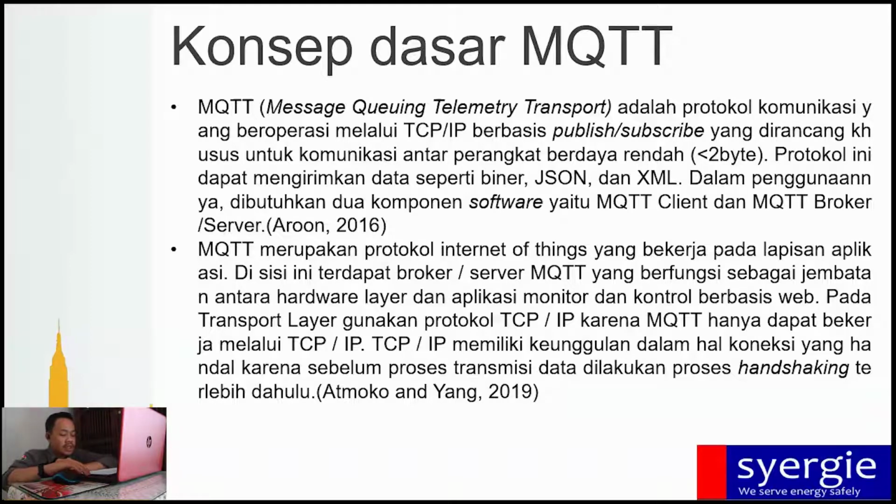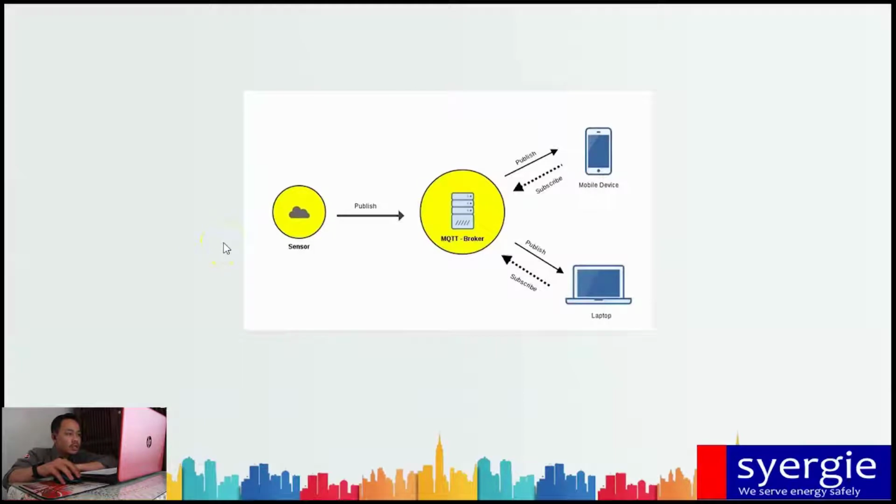For simplicity's sake, by using this MQTT protocol, we can control two devices. You can see in the video. We can control two devices remotely with many input and output topics with the same IP address.